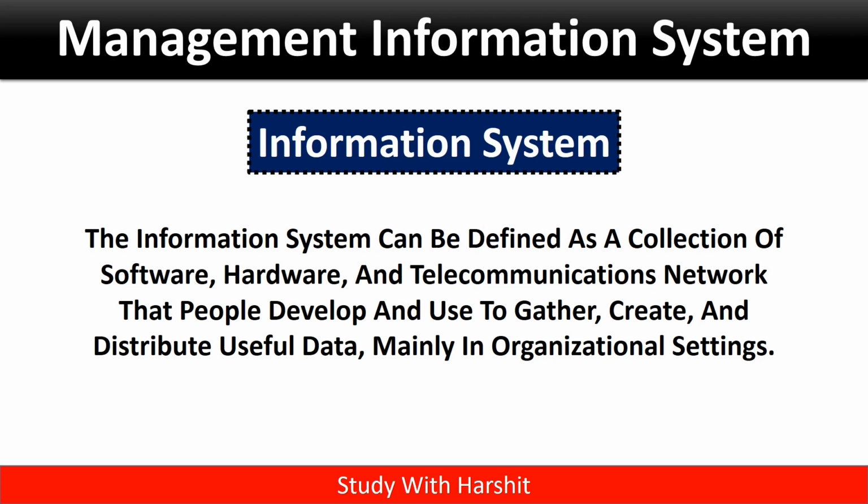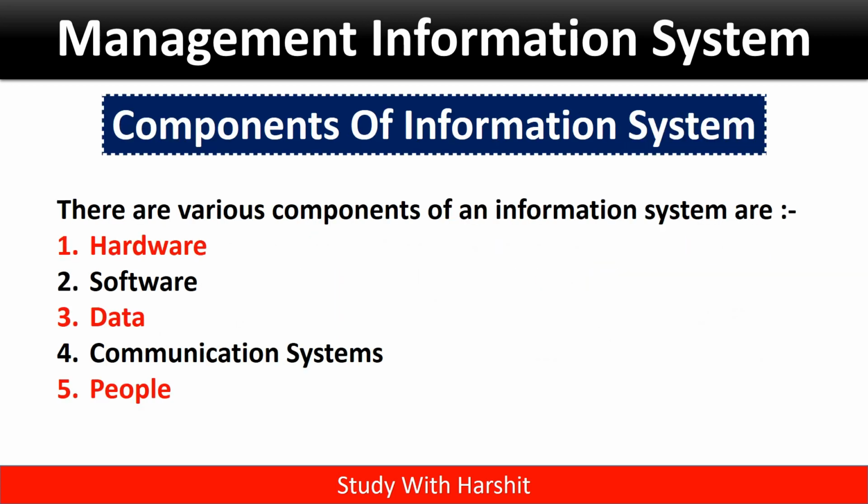The information system can be defined as a collection of software, hardware, and telecommunication network that people develop and use together, create and distribute useful data, mainly in organizational settings. Components of information system.